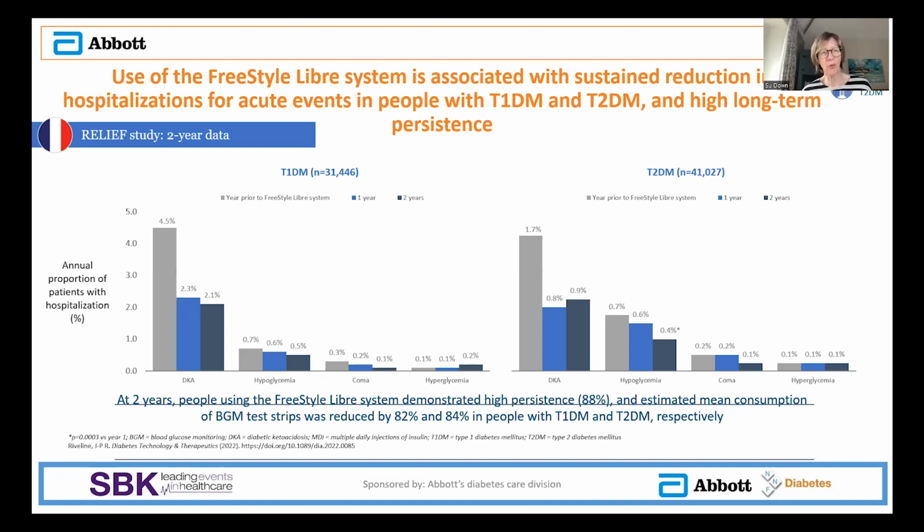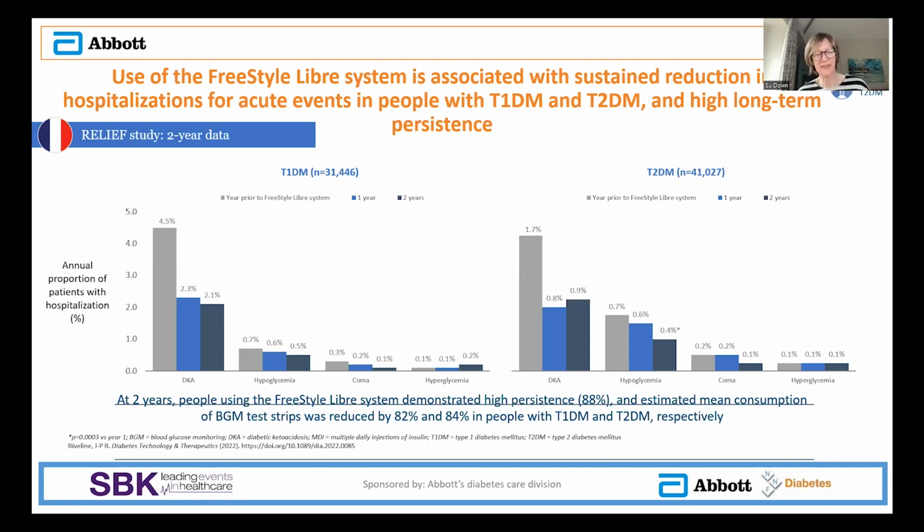And across both type 1 and type 2 diabetes, we see that reduction in hospitalization. And then quite often, if there's a new technology in use, people are very quick to pick it up at the beginning and use it. But does that use and that interpretation and the want to use that data continue, or is it a bit of a fad at the beginning?